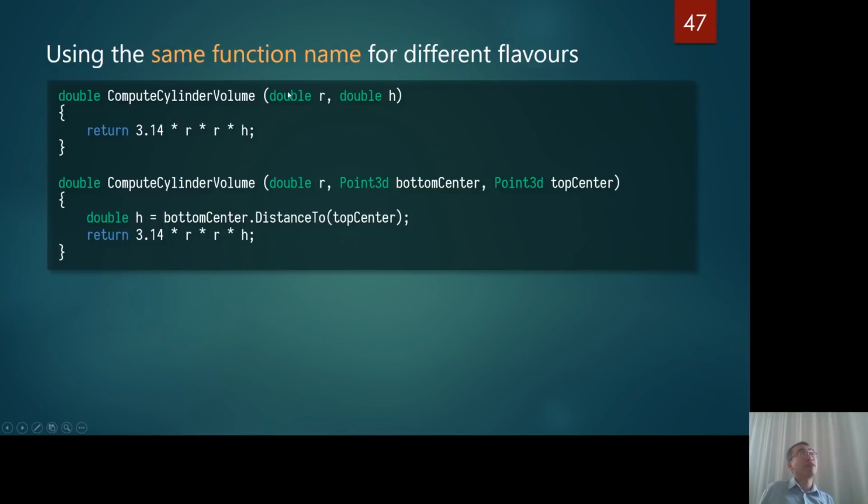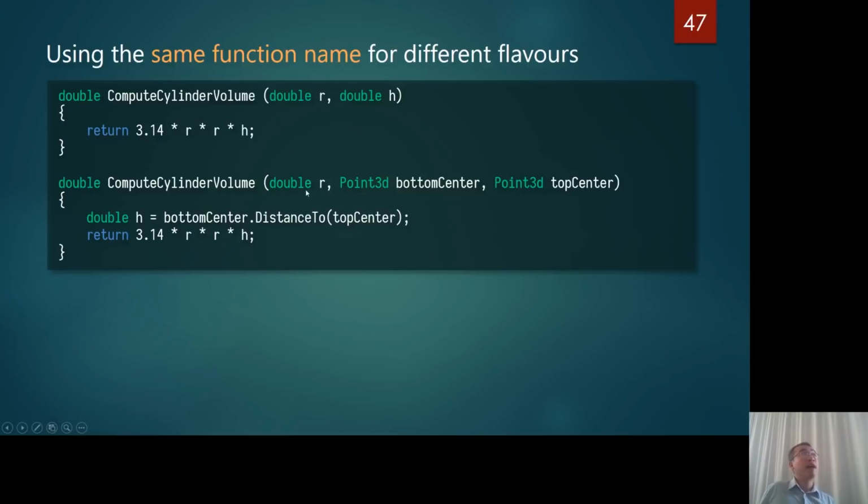It's the type. So this function takes in a double and a double, which is clearly different from the same function with the same name, but taking a double and a Point3D. So when I invoke this function in my part of the script and I give it two doubles, then of course it will know that it should use this function.